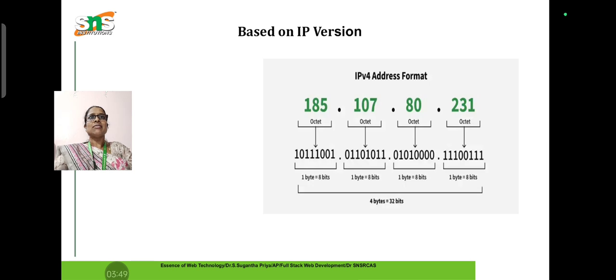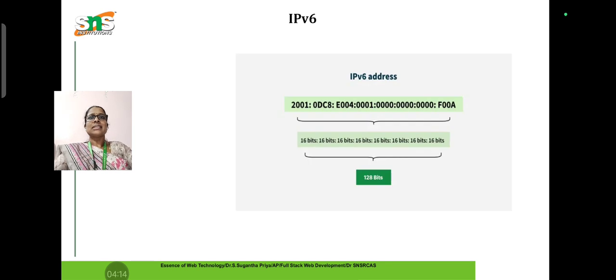This range is derived from the possible combinations of 8 bits, that is 2 to the power of 8, which is equal to 256 combinations. So the example of IPv4 address is 192.168.1.1. 192 is the first octet, 168 is the second octet, 1 is the third octet, and 1 is the fourth octet.